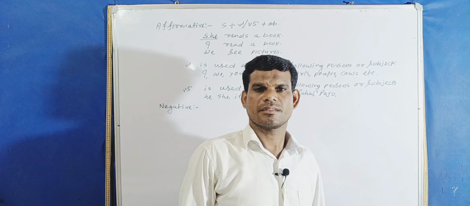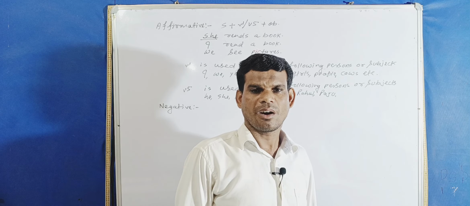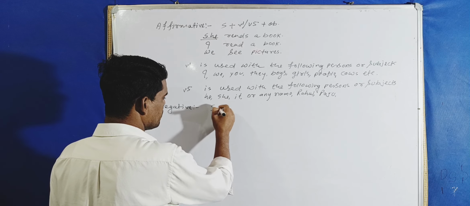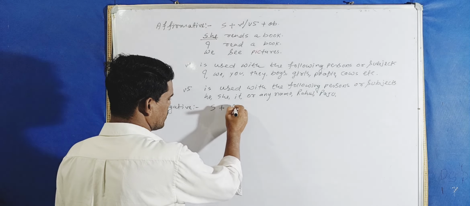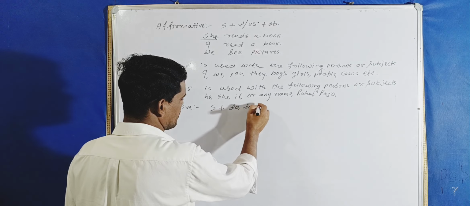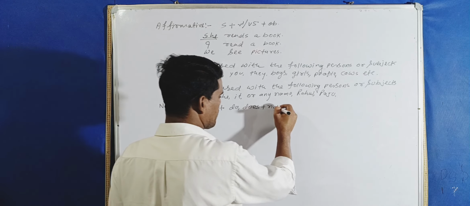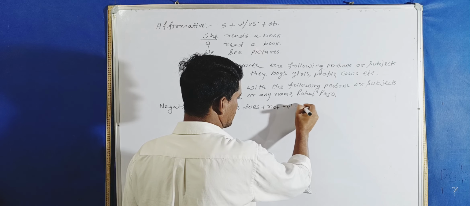In negative sentences, the structure would be subject plus do, does, plus not, plus V1, plus object.